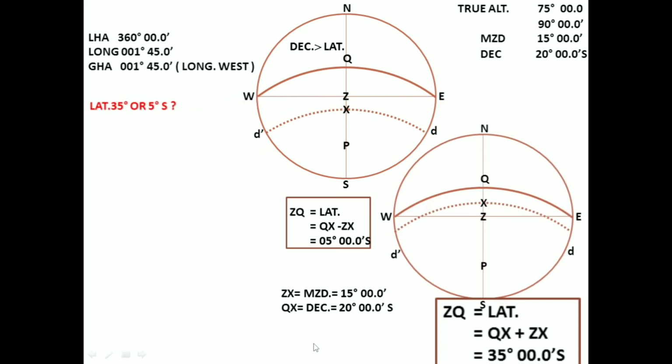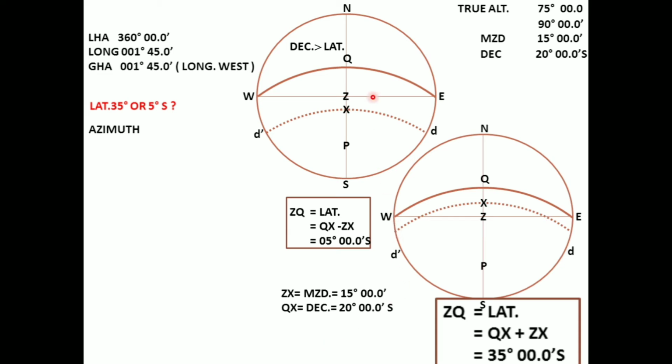Now, how do I figure out which is my latitude, 35 or 5? Of course, this is a hypothetical case because once you are out at sea, you know whether you are at 5 or at 35. This is only from the examination point of view. You will know what your latitude is, so one of them will always go off. But as far as the examination is concerned, you will have the azimuth given to you.